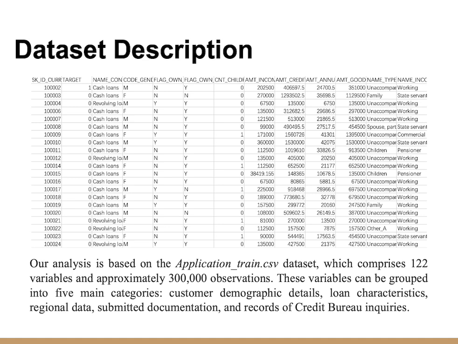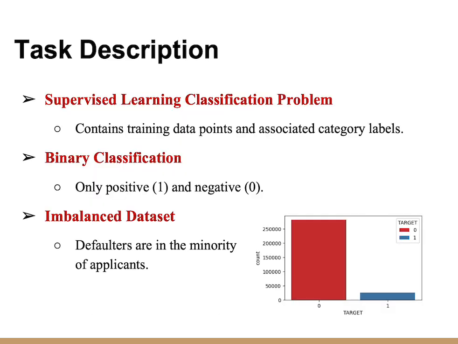The variables can be roughly divided into several parts of features: personal information, loan information, documents provided, and information from bureau. Generally speaking, this is a supervised learning classification problem that contains training data points and relevant category labels.